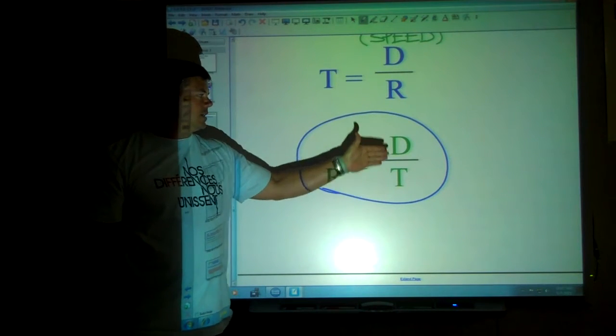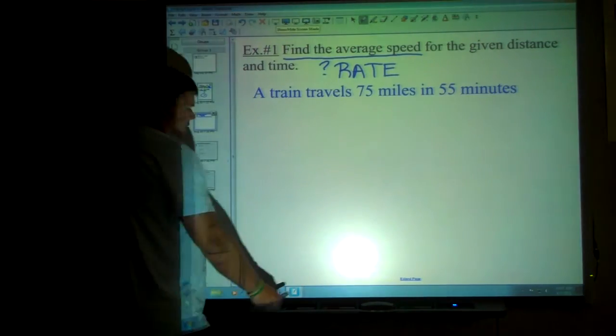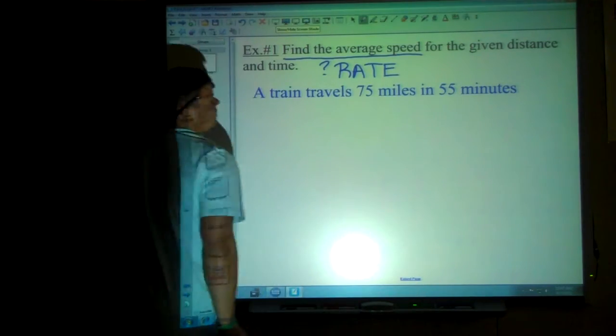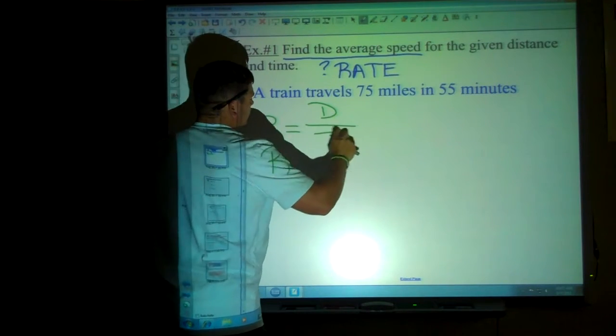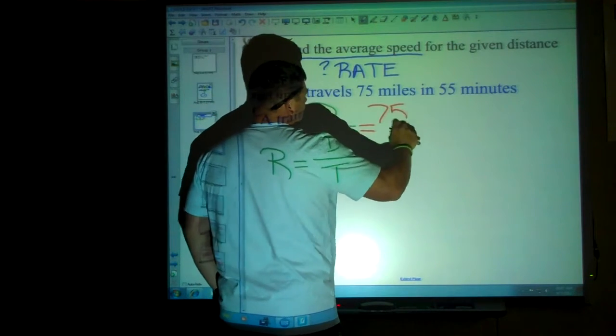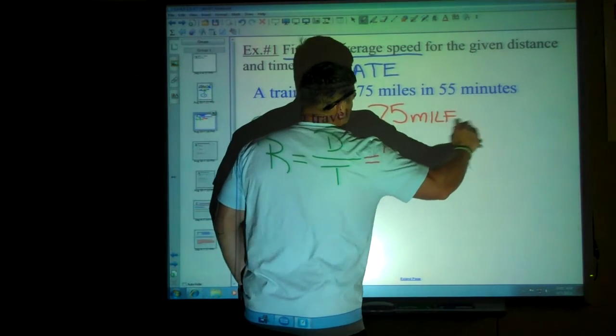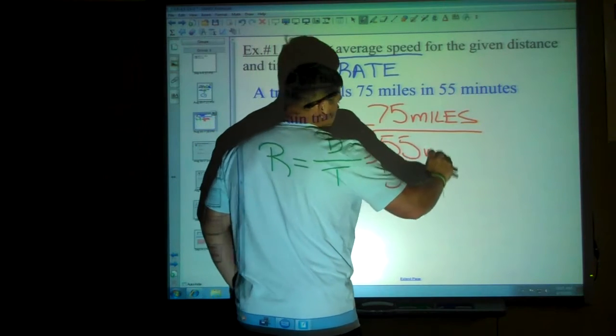So we know we're going to take the distance and divide by time on this problem here. Train traveling at 75 miles in 55 minutes. We know the rate equals the distance divided by the time, which means 75 miles needs to get divided by 55 minutes.